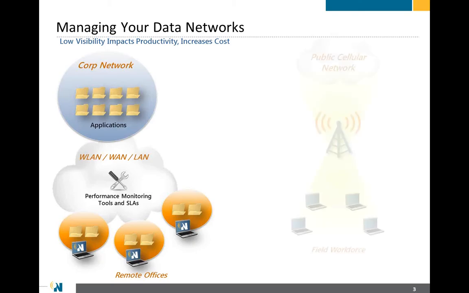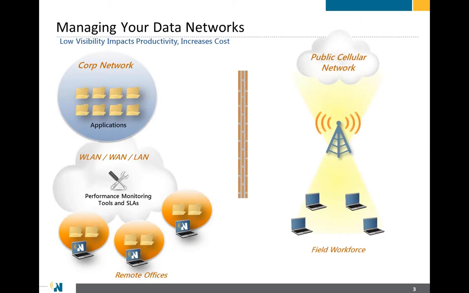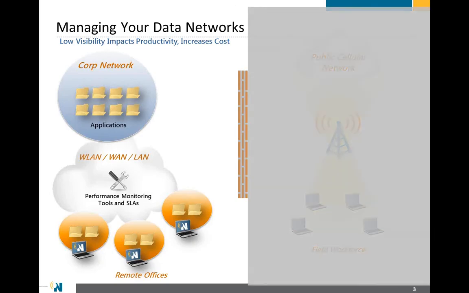The problem that we've found is, as you take those users that need to access those same types of applications, and they move out into the field across the public cellular network, we found that really it's dark. You really have no view into how well those applications are performing now. What sort of issues are those users having once they leave my controlled environment?